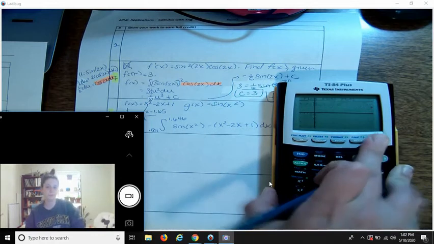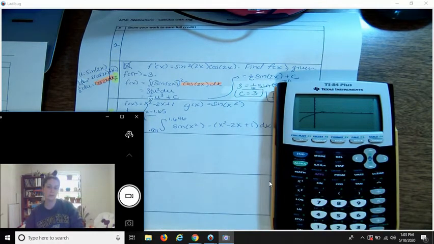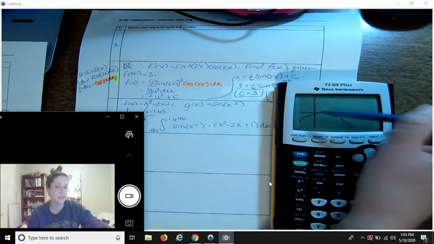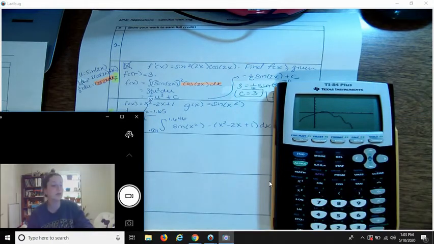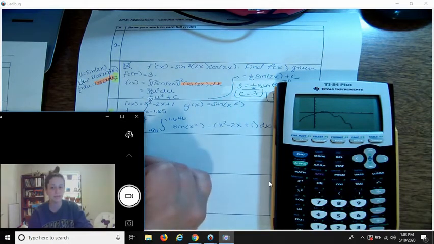Graph it. It'll graph both. Because we didn't graph them separately, our picture is going to look different, and what it's going to do is find the area between these two roots right there, because those two roots are where the difference of the two functions is 0, because that's where they intersected and had the same value.